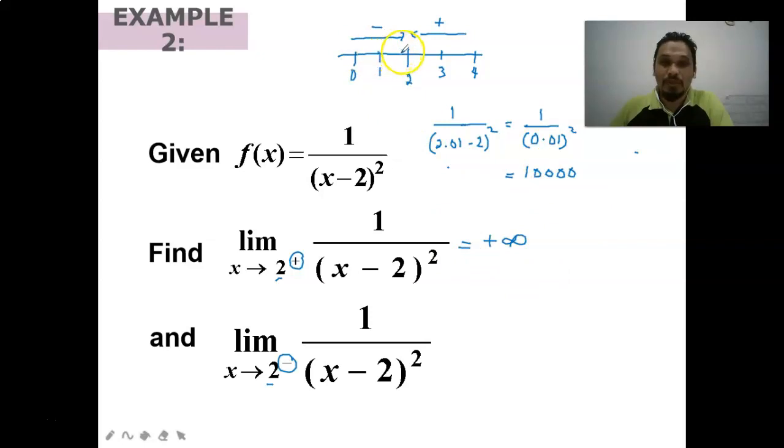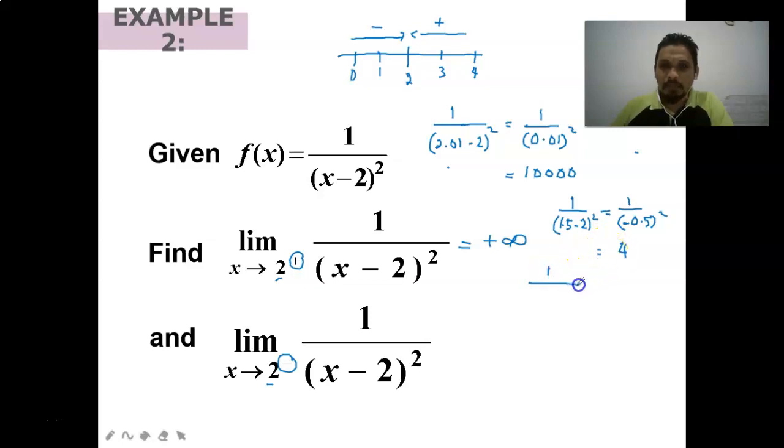Now x approaching 2 from the left. Let's say 1 divided by (1.5 minus 2) squared. 1.5 minus 2 is negative 0.5, squared, so 1 divided by (negative 0.5) squared equals 4, positive.